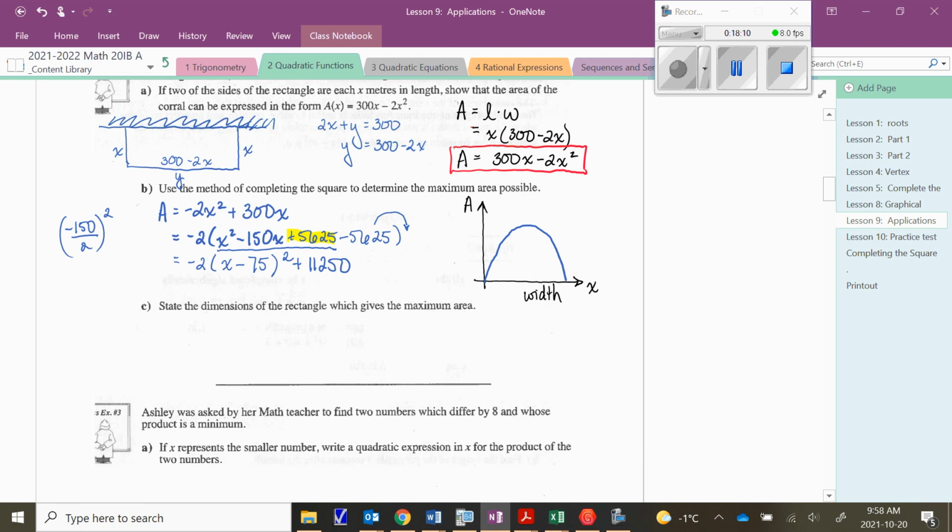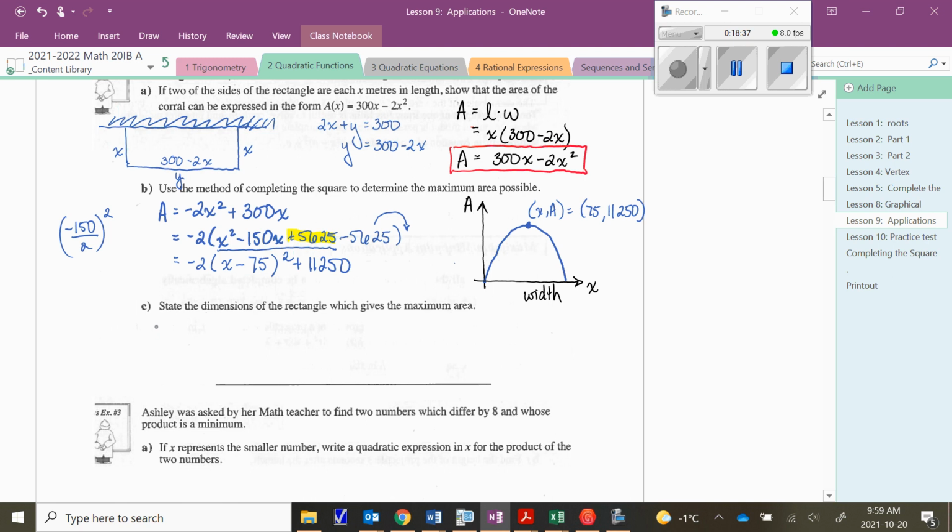When we look at our vertex form, we know that this point here is x, A, which is also 75 and 11,250, which tells us that when the width is 75 meters, the area is maximized at 11,250.